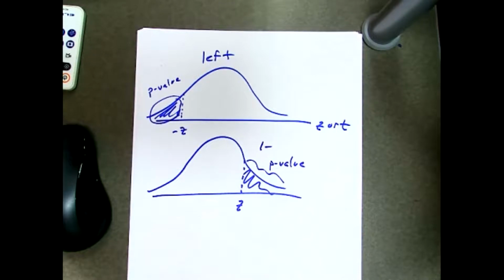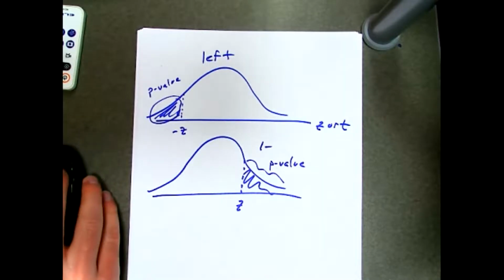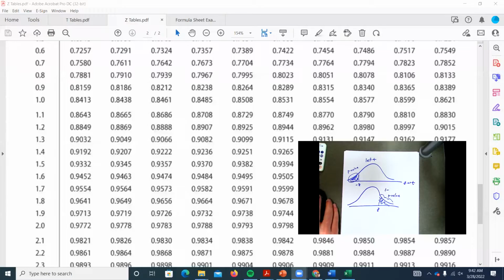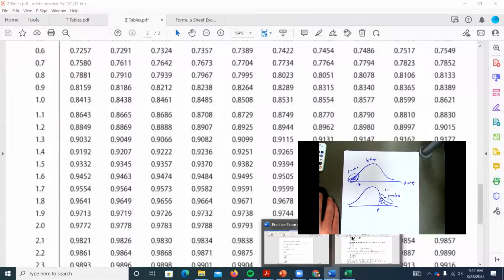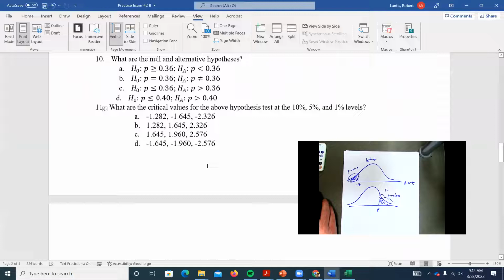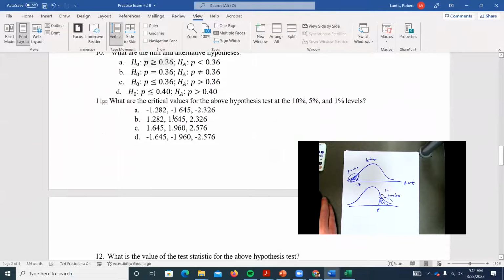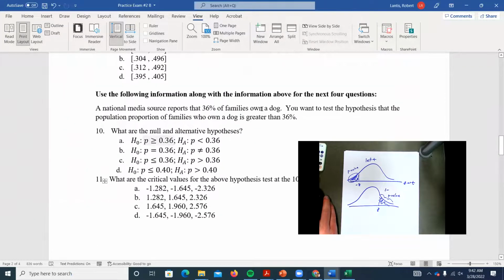And how did we identify the type of test that we had? What do we always look at? The alternative hypothesis, right? So if I'm looking at down here, if I'm looking at something like 10, what did I want? I wanted to know if it's greater than 36%, or as a proportion, greater than 0.36. So here I want to know, is that true population proportion greater than 0.36?